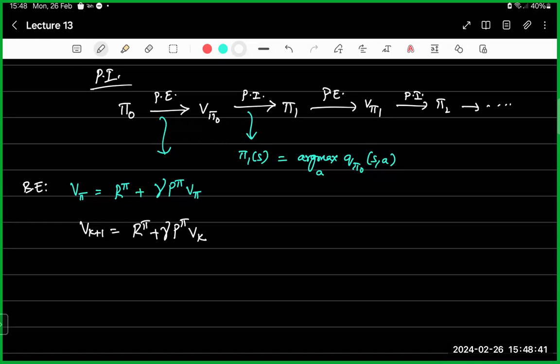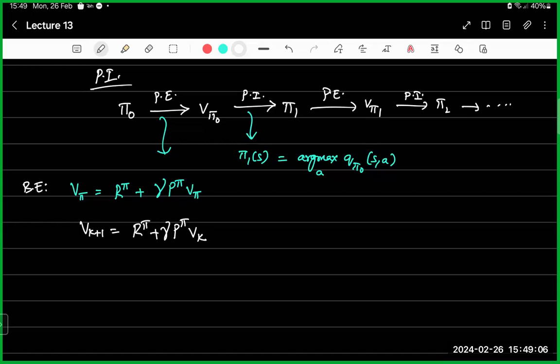If it converges, then we are sure that the value it converges to will be equal to V pi naught. But we don't know whether it will converge, right? If you remember, I gave some examples. So how do we prove that a fixed point iteration like this will converge?